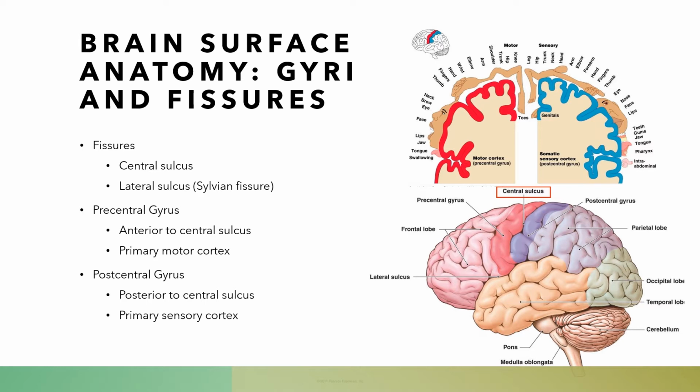The finer the motor function or the sensory function, the more area you're going to have allocated to it. But anyway, please feel free to stop this video and take a closer look.